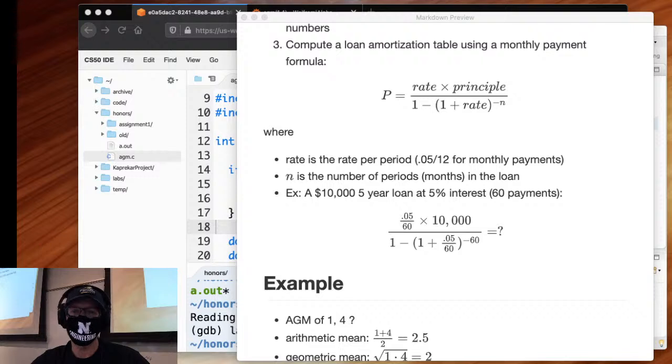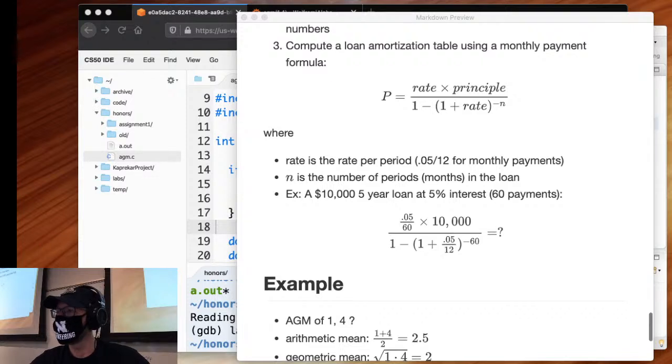This should be 12 over here. There we go. And this should be 12 up here as well. Because it's an annual interest, you're paying monthly, so there are 12 months in the year, so your monthly interest is 0.05 divided by 12. There we go. So this tells you how much your payment each month is.